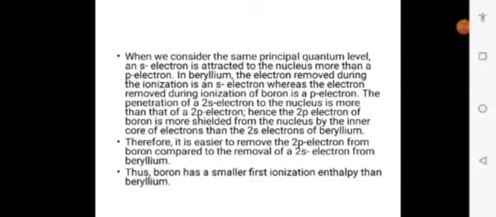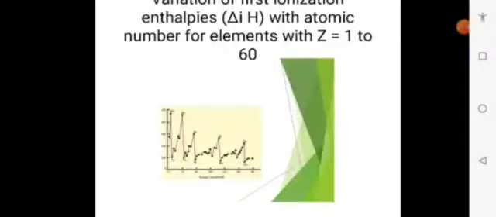Now, when we consider the same principal quantum level, these are the two factors by which s orbitals are more powerfully attracted towards the nucleus than p, and p is more than d, and d is more than f, which are less attracted to the nucleus.